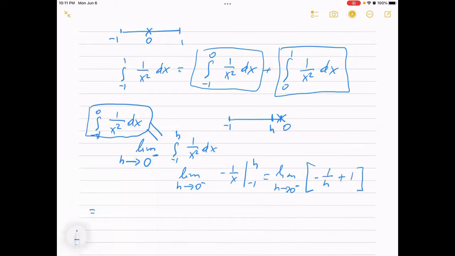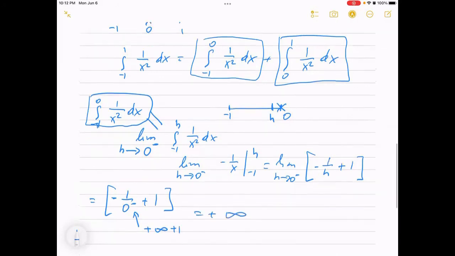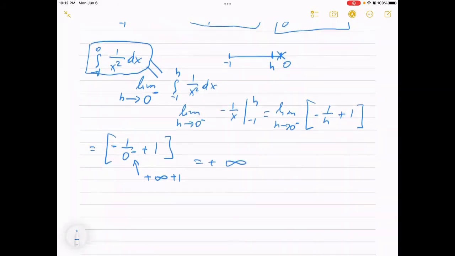So we get -1 over 0 minus, that's what h is approaching, +1. -1 over 0 minus is going to be a positive number, and because we divided by 0, it's going to be huge, infinity. Infinity +1 is +infinity. So the integral from -1 to 0 of 1 over x squared dx equals +infinity.